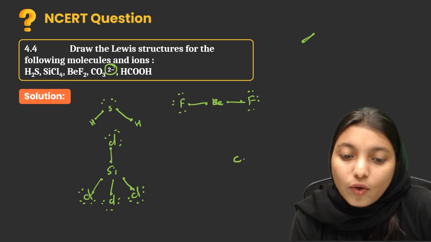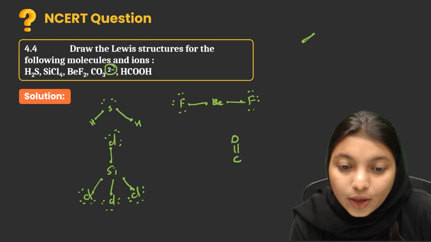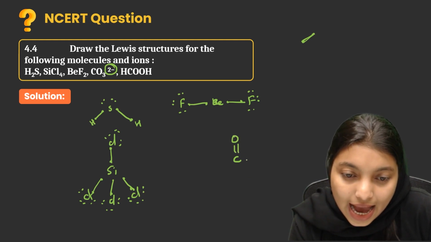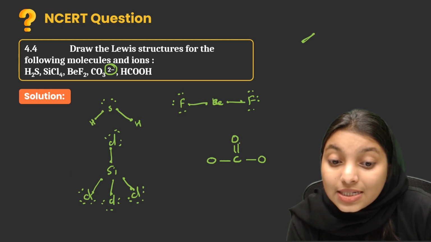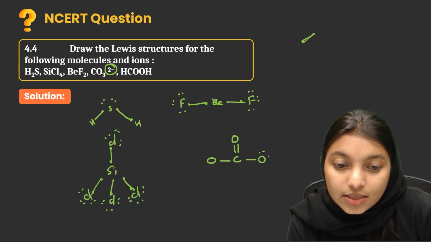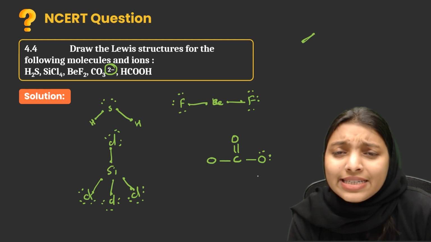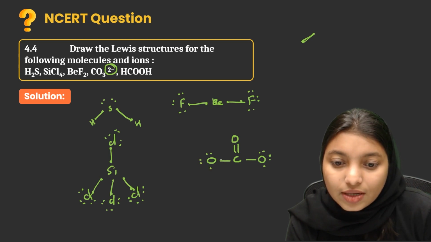So we can write carbon has formed a double bond with one of the oxygens, and a single bond with another oxygen, and another oxygen single bond. Now carbon's octet is complete, but for this oxygen it's not. 1 electron here, 2, 4, 5, because the 6th electron has made this bond.